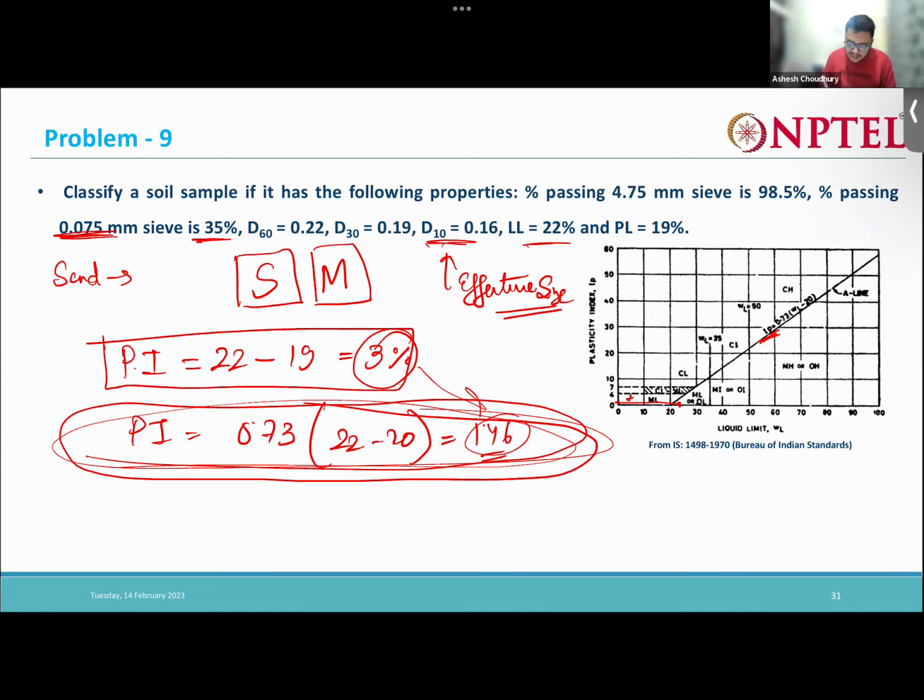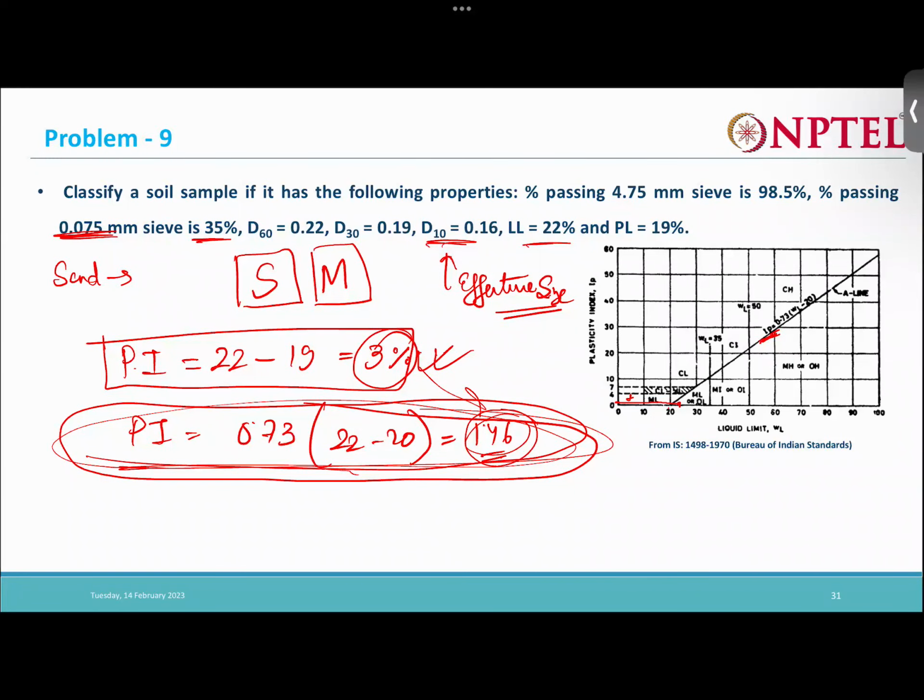If someone directly calculates like this, finds the plasticity index at 3%, then finds the A line value, 1.46, he will say that 3% is greater than 1.46, it's above the A line, so obviously it will be clay.